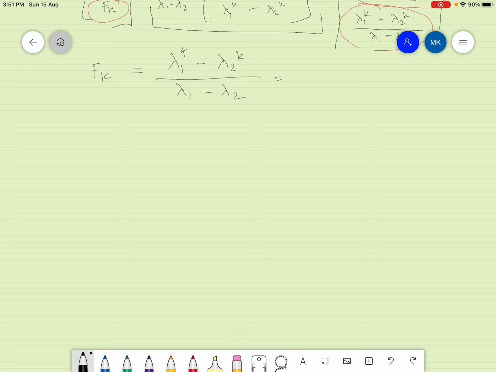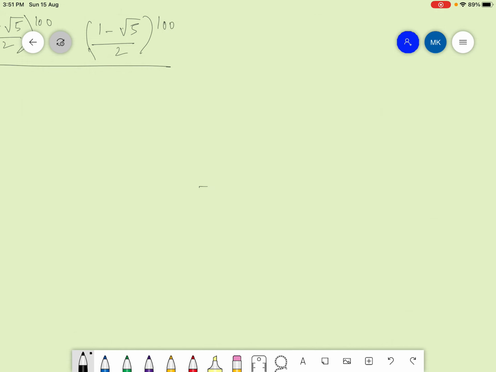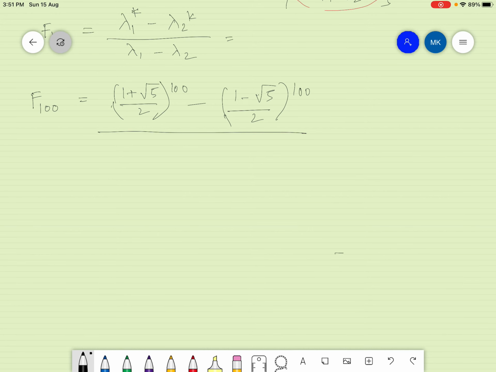So it would be 1 plus root 5 divided by 2 to the power 100 minus 1 minus root 5 divided by 2 to the power 100, then 1 plus root 5 divided by 2 minus 1 minus root 5 divided by 2.